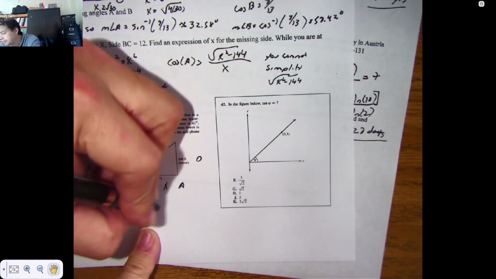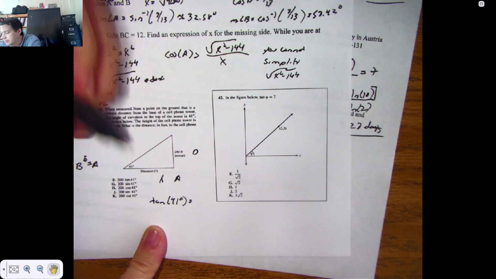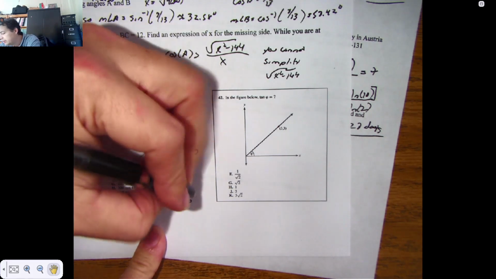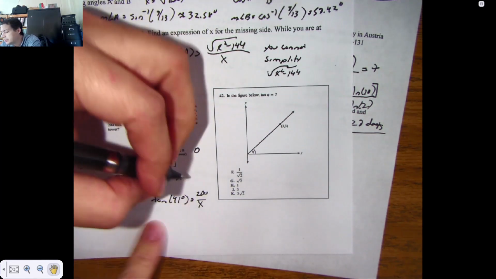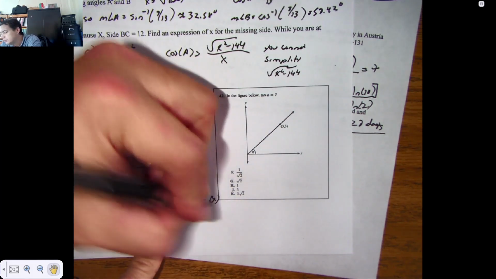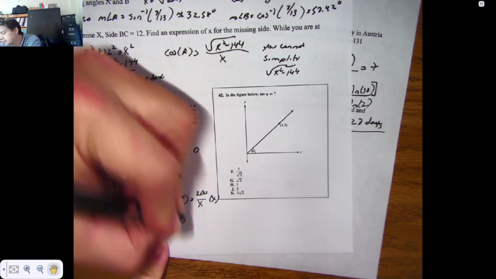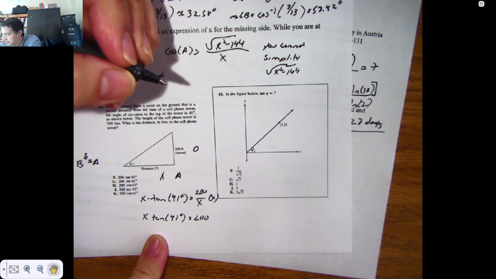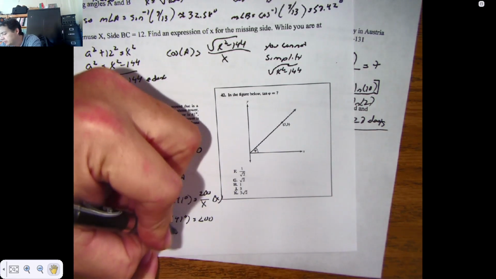That means that I'm thinking about the tangent ratio. The tangent of 41 degrees must be 200 over the unknown x. And then I just multiply both sides by x. X tangents of 41 degrees is 200. And then to solve for x, I divide by the tangent of 41.